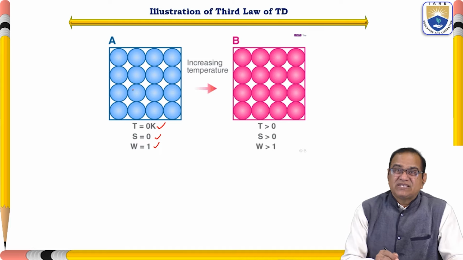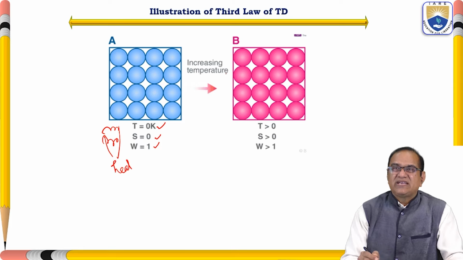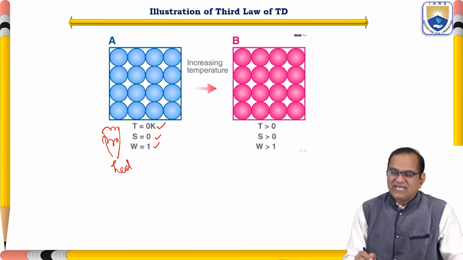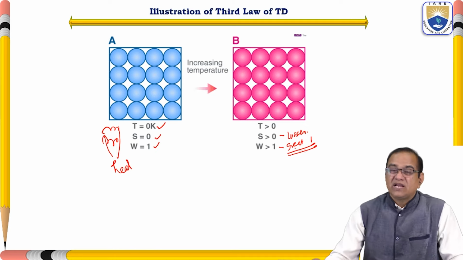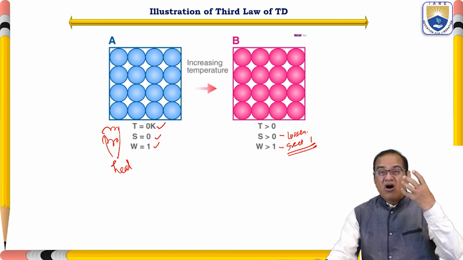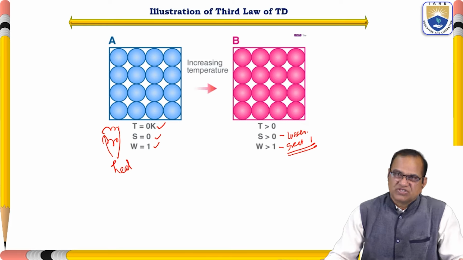But as you increase the temperature, you just heat it, and the temperature is increasing, then the temperature will always be greater than 0. Entropy will always be greater than 0. There will be losses. And W will also always be greater than 1 if there is a non-absolute 0 temperature.